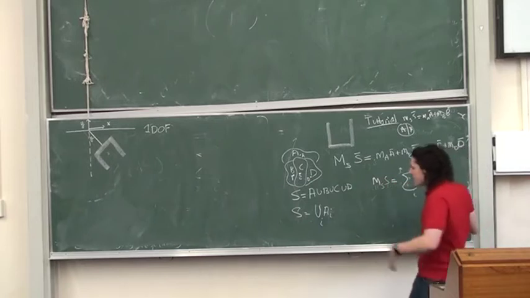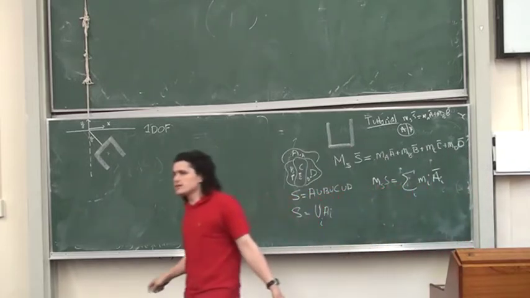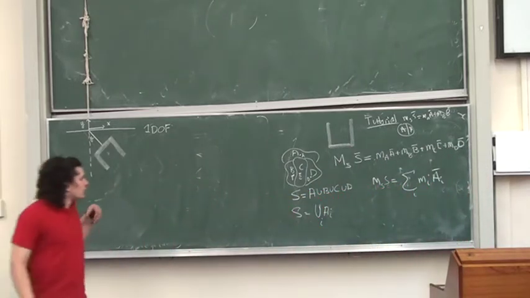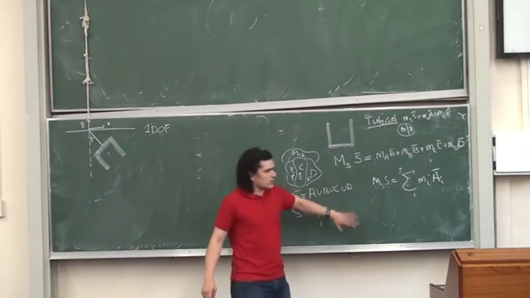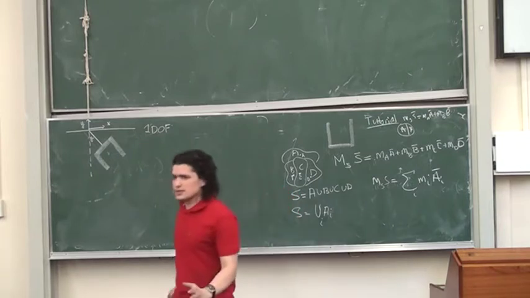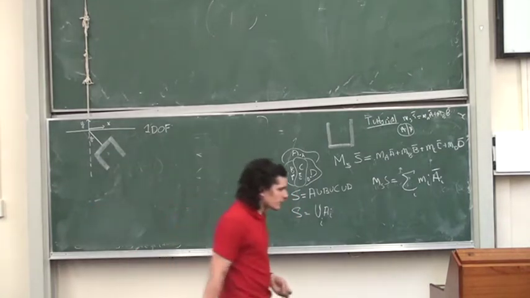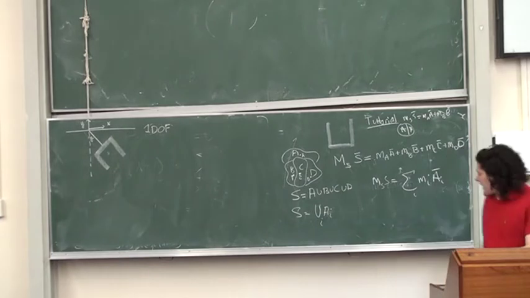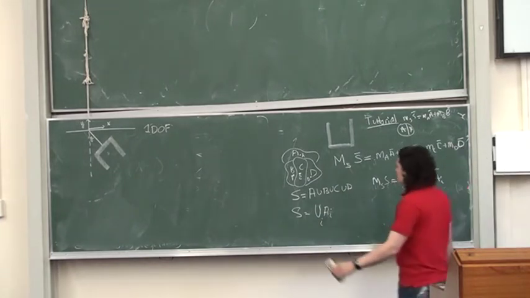When you break your system up into any number of components, you can just perform the sum to get the center of mass of the whole system. I'm not going to prove it now, I want you to think about it. But let's look at this particular tutorial problem.